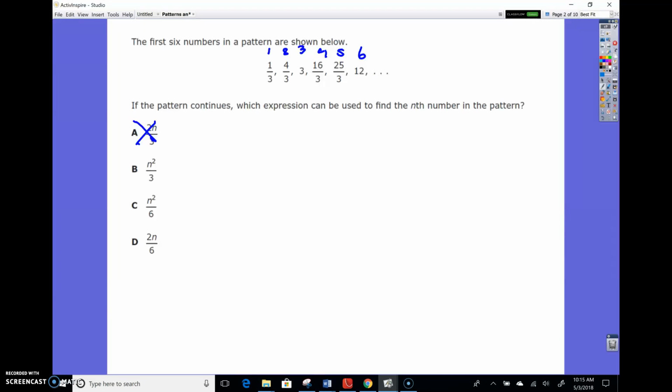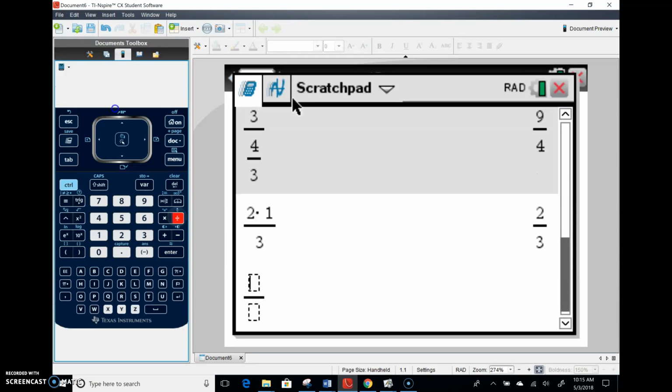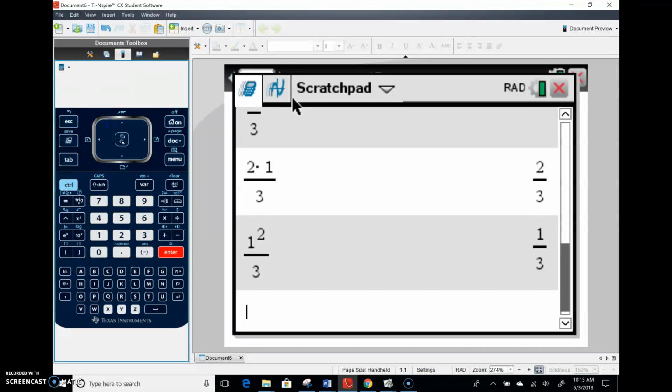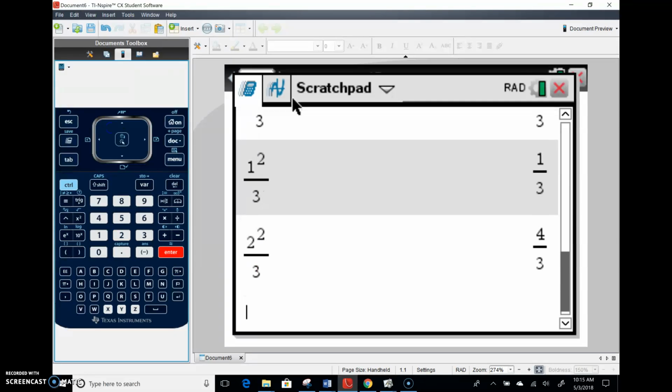N squared divided by 3. Control divide. So I'm going to do 1 squared divided by 3. Enter. It's 1/3. So far, so good. Okay. Then I'm going to do the same thing. I'm going to delete here, and then I'm going to substitute 2. So first is 1, second one is 2. 4/3.